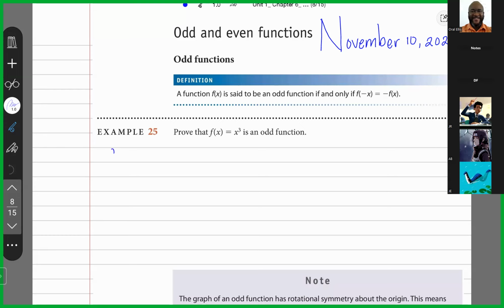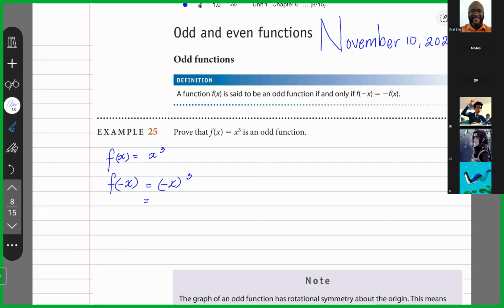Well, f of x is equal to x cubed. So f of minus x is equal to minus x cubed, and minus x cubed is minus x times minus x times minus x.